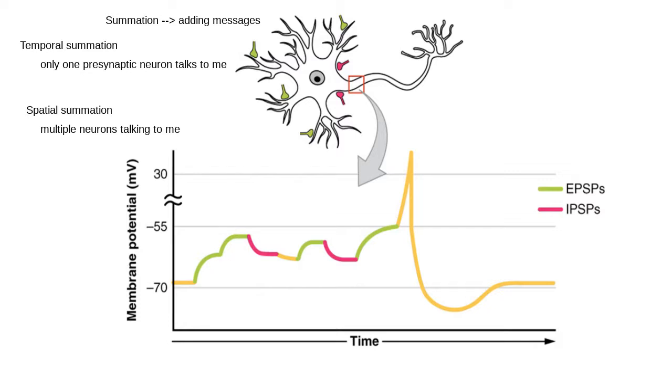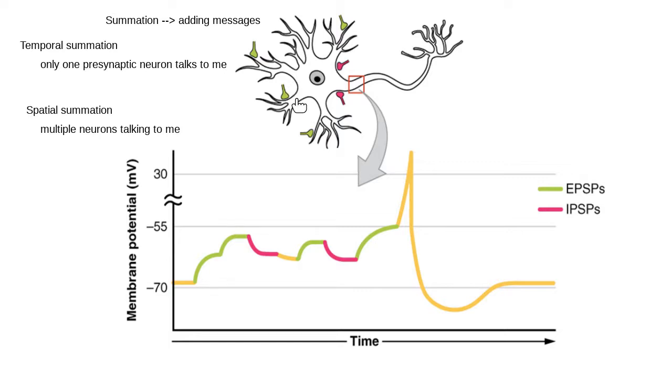Does anyone remember what that spatial word means? Yeah, so spatial just means space, like Nicole said, absolutely. With spatial summation, a neuron is receiving messages over a whole bunch of different spaces on it.